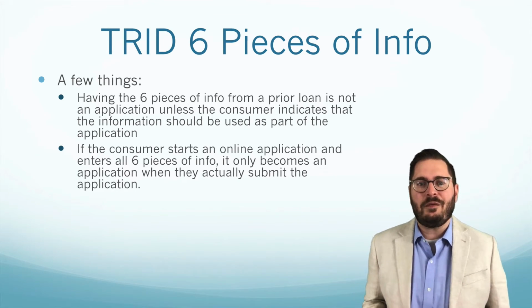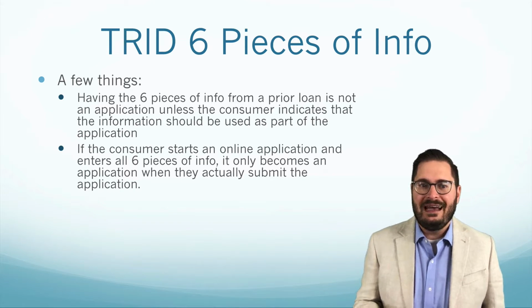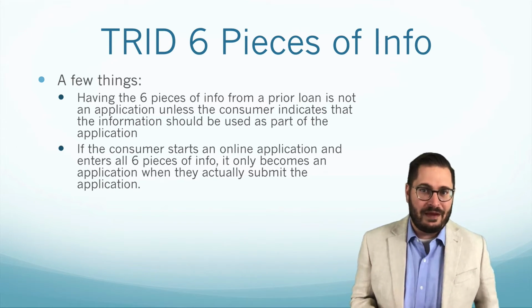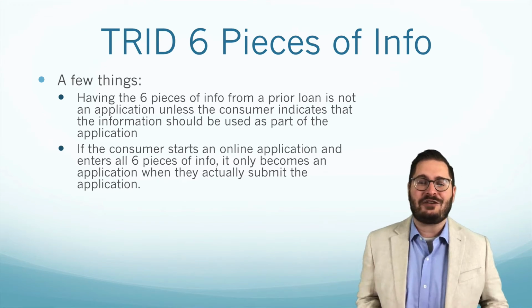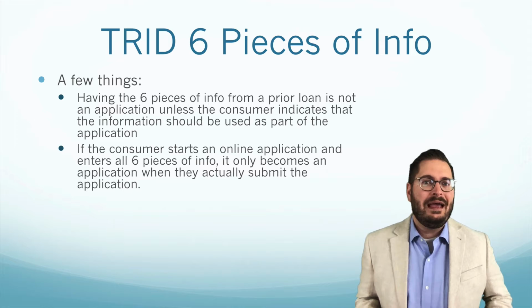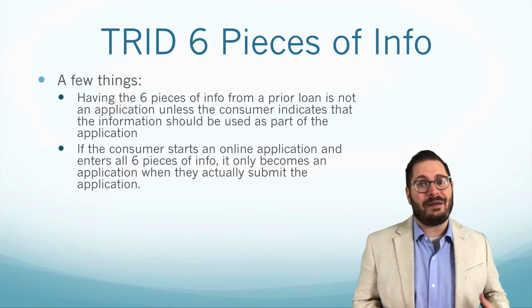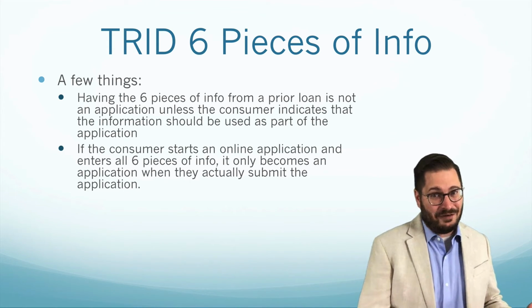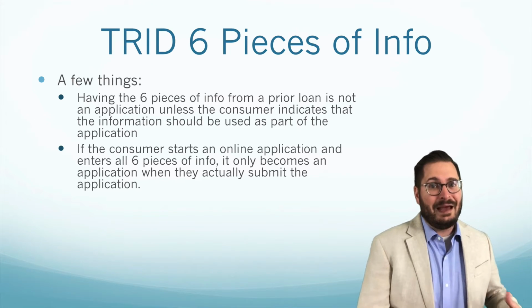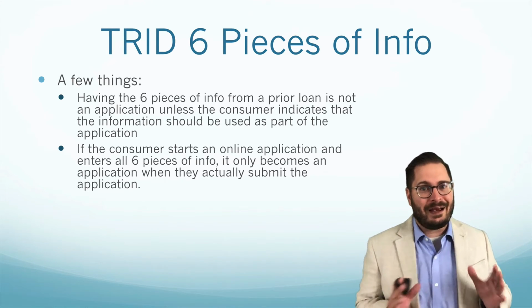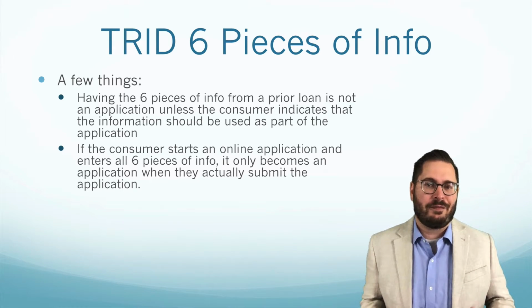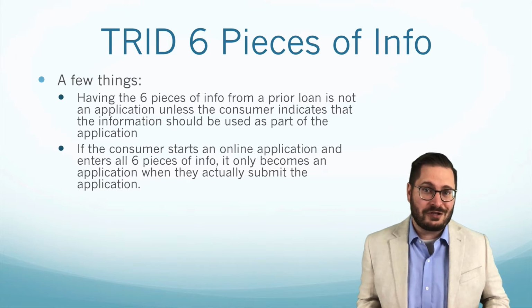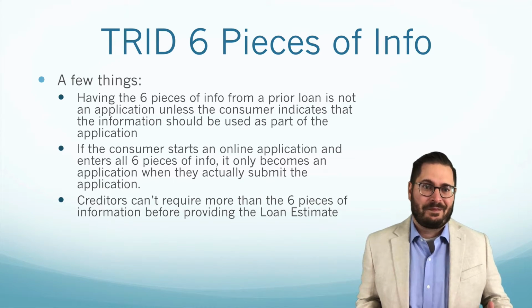Also, if the consumer starts an online application and enters all 6 pieces of information into the system, it's only going to become an application when they actually submit the application. So if they enter the information into the system and save it to come back to it later, if they never hit submit and provide that application through that entire process, that's not considered an application for TRID purposes. And that is clarified under the CFPB's frequently asked questions about TRID.